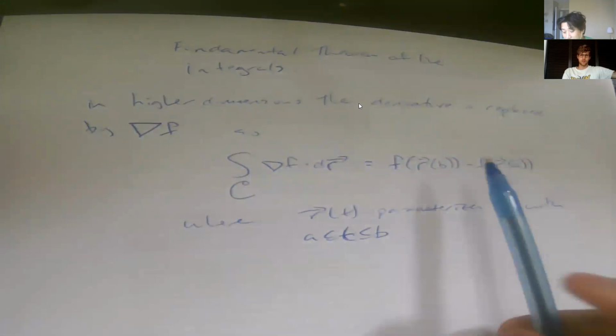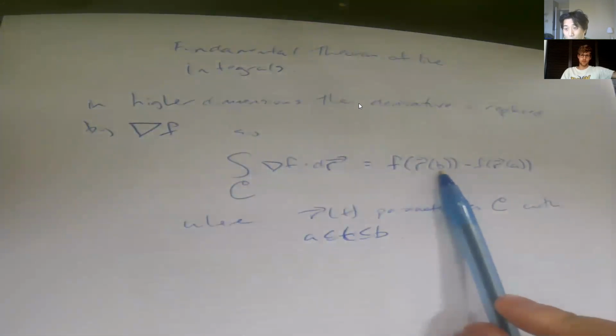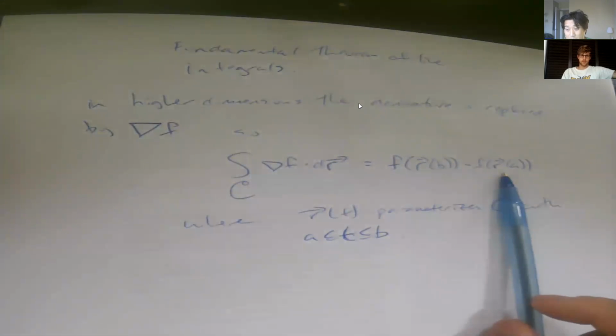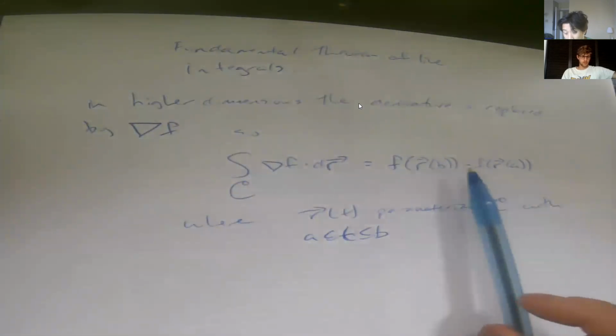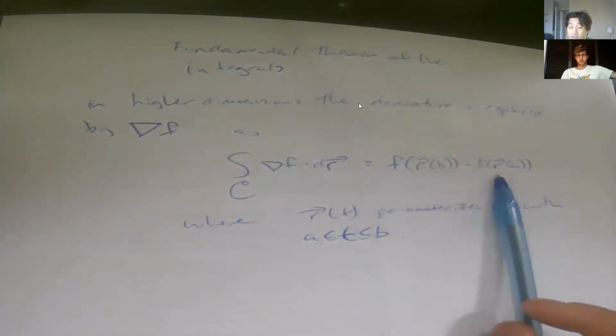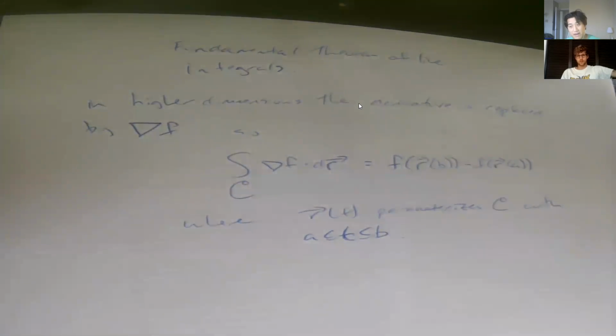What is r of b? r of b is the endpoint of this curve, and r of a is the beginning of this curve. So this is exactly the endpoints of my curve, the endpoints of my region.